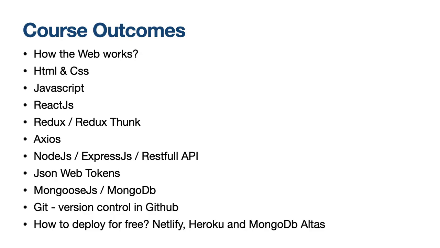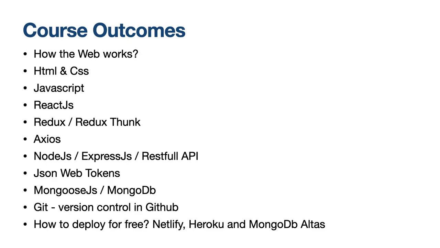JavaScript really makes the website dynamic as well as user friendly, so it will make the website as interactive as possible. And React.js is a famous front end framework for JavaScript. It renders the JavaScript and it generates HTML for us on the client side.